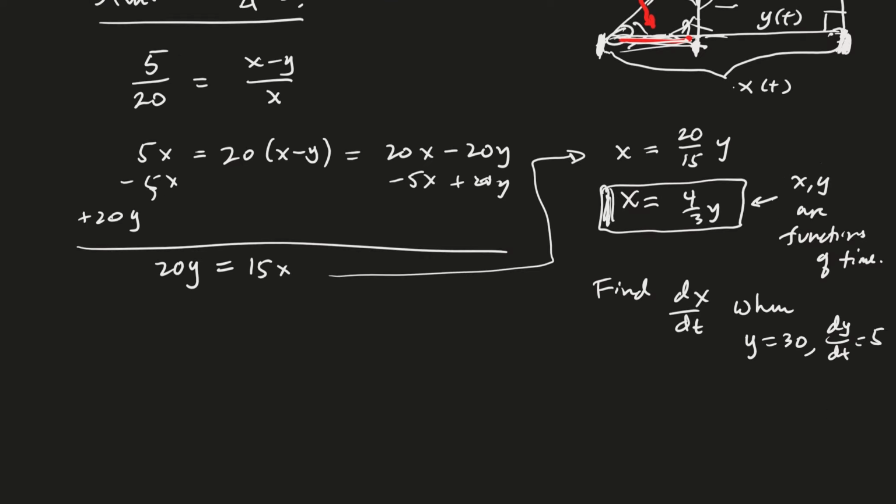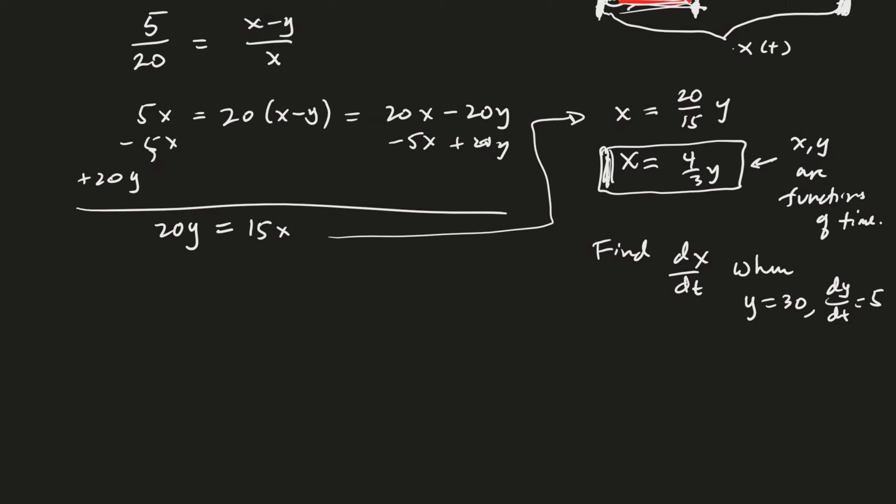Good, so that's pretty straightforward to differentiate then. dx over dt, we're just differentiating straight across. dx over dt is equal to 4/3 times dy over dt. So I don't really even need the y equals 30. So I just use the dy over dt as 5.